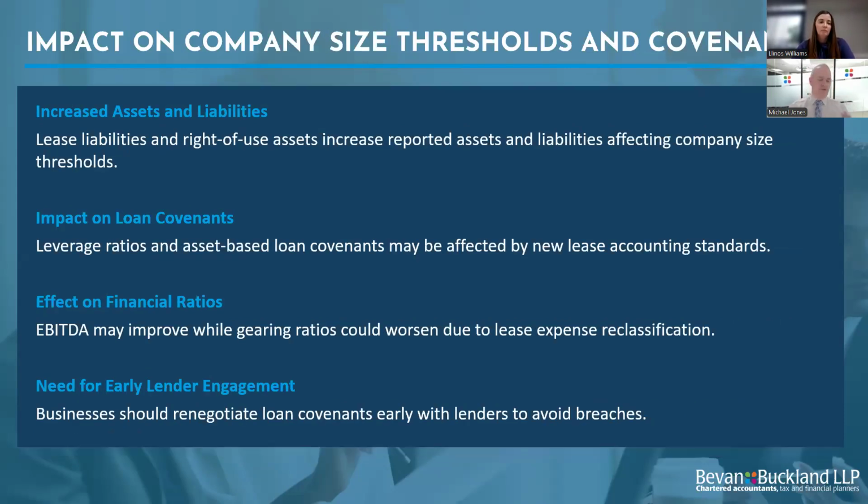Company size thresholds, as I said, these are quite standard slides. Obviously, they wouldn't necessarily apply to housing associations, but things to be considering. It's going to increase your fixed asset position, and obviously your overall liability. The bottom line of the balance sheet will have minimal changes, but obviously there'll be sections within the balance sheet that will change.